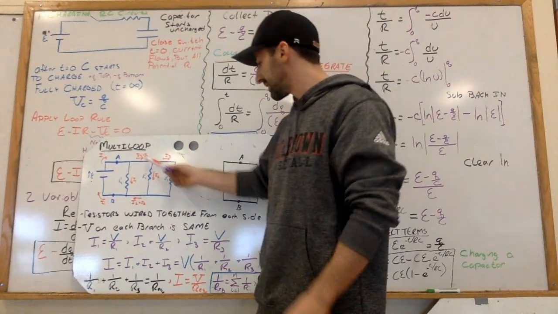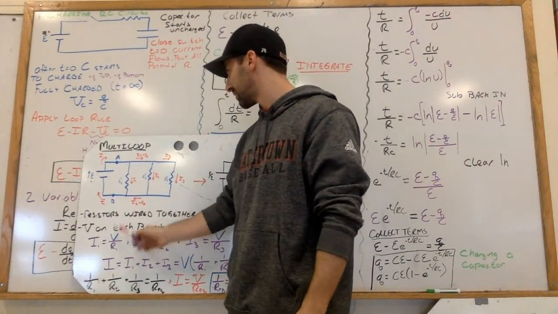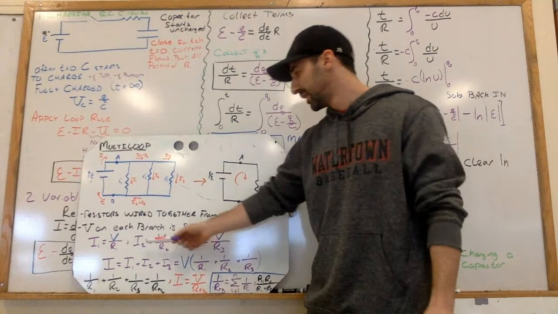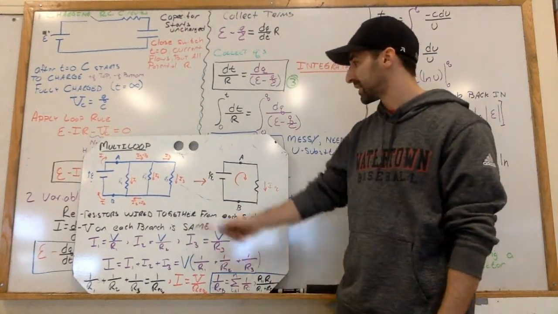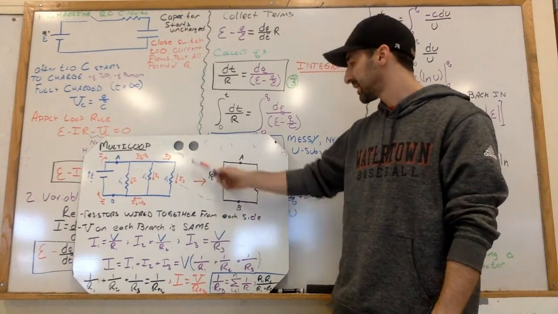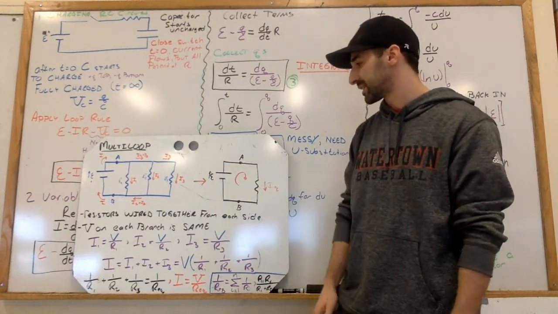So to find the currents in each branch, I can say the current I1 is just my potential divided by resistor 1. The current I2 is the potential divided by R2. The current I3 is the potential divided by the resistance of 3.